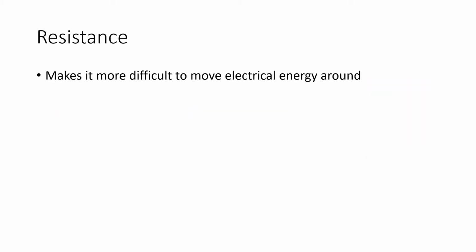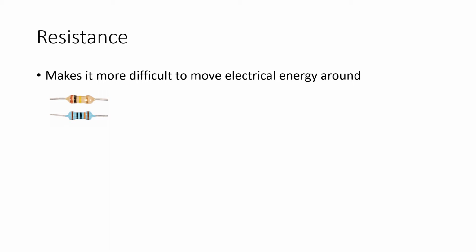Okay, now resistance, electrical resistance, is basically really just what it sounds like. It makes it more difficult to move electrical energy around. All right, and now you've probably seen resistors that look like this, just little electrical components that go into electrical circuits that we intentionally put in there to control and reduce the amount of electrical energy that's flowing around in the circuit.